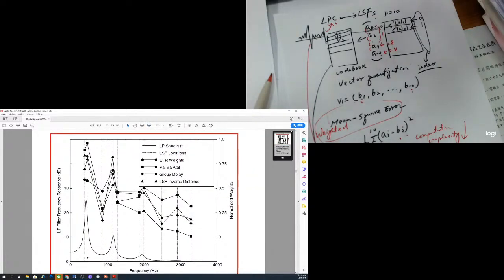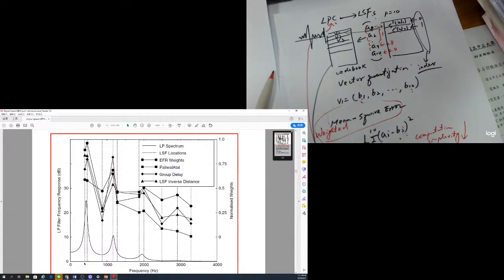Okay, so you can see one is linear. This one is your linear prediction coefficient spectrum. So we have to see this one is more like a line spectrum frequency location.